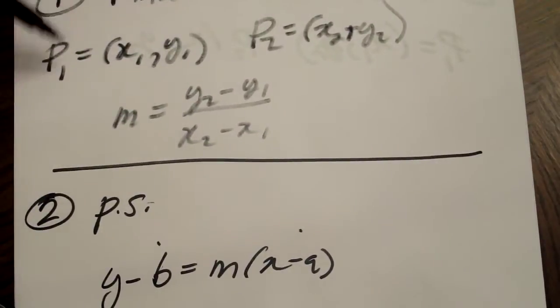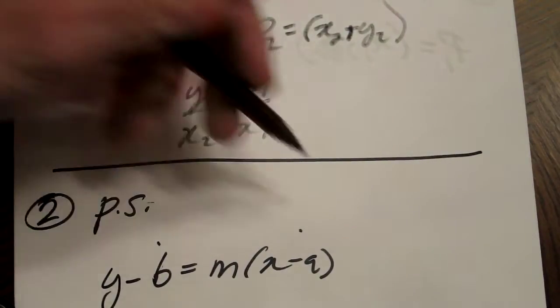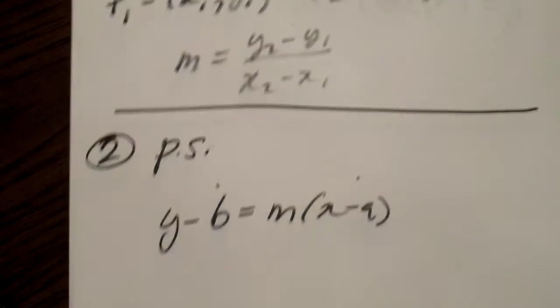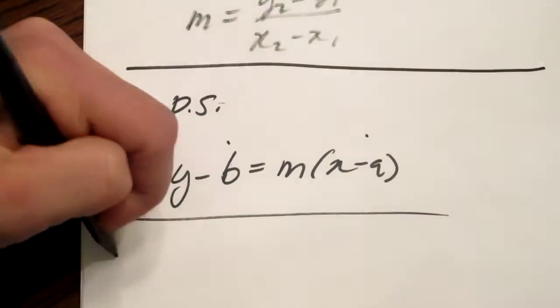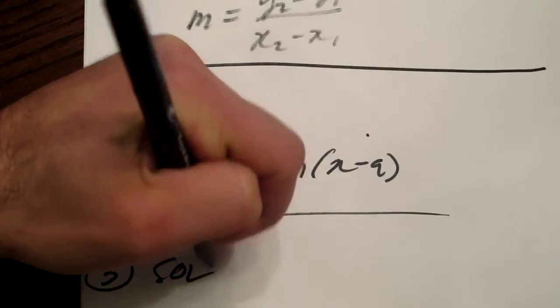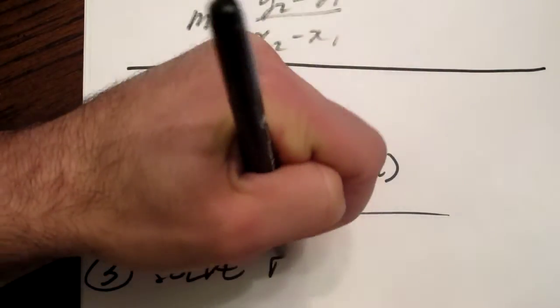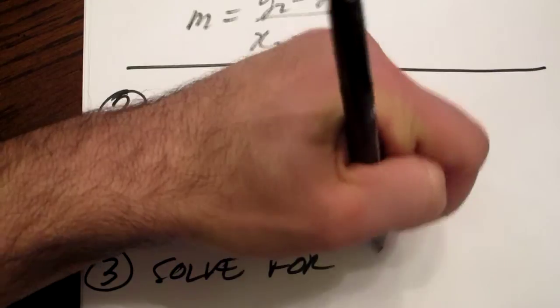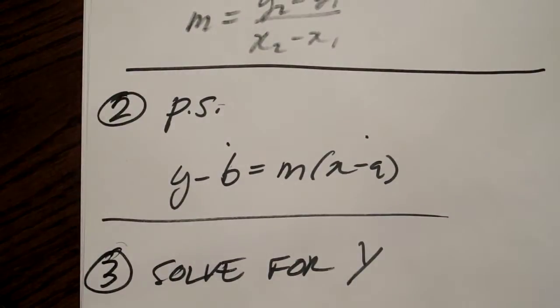So we'll just pick one of these points from the first step and we'll just call it a, b. And then the third step will just be to solve for y. And that will give us our slope-intercept form.